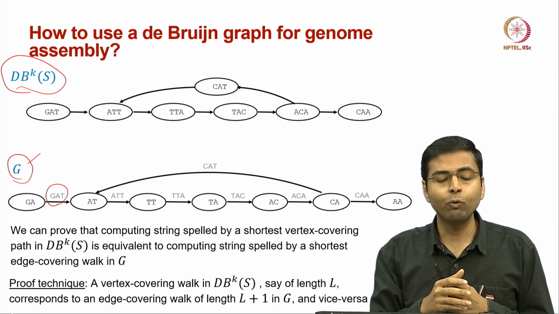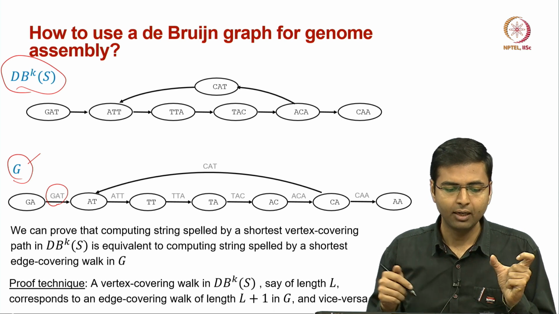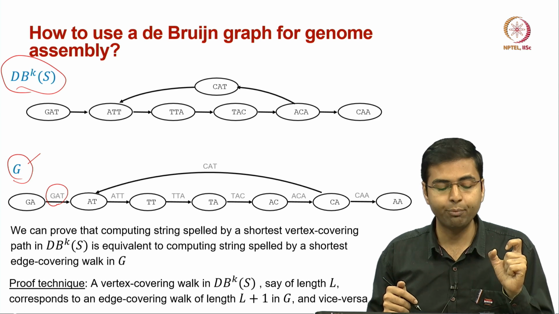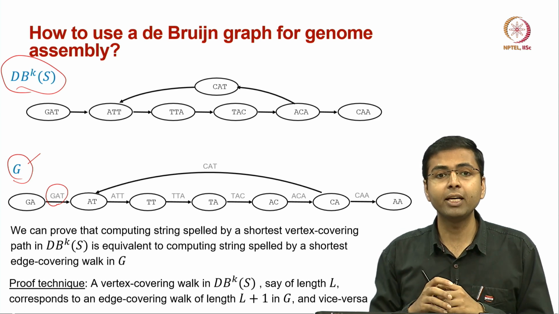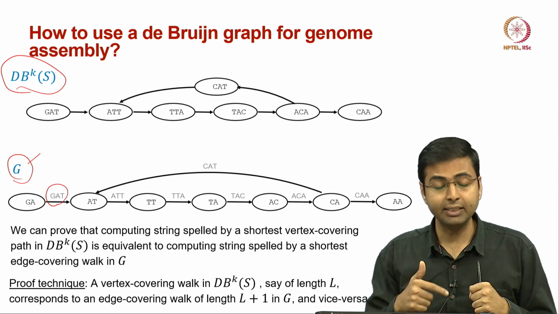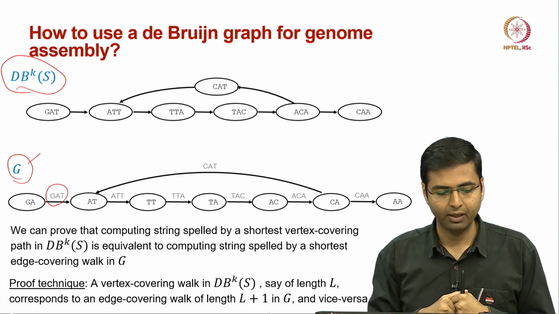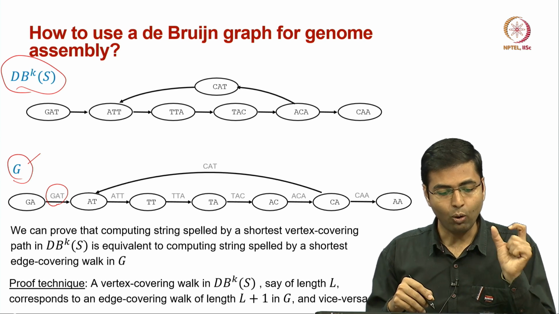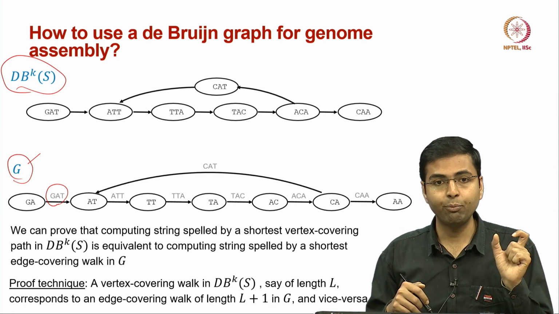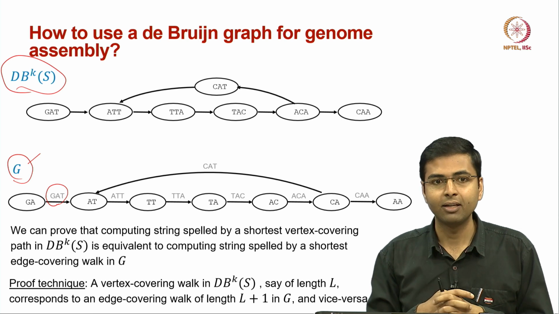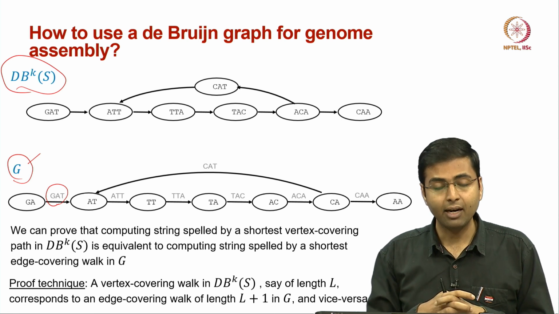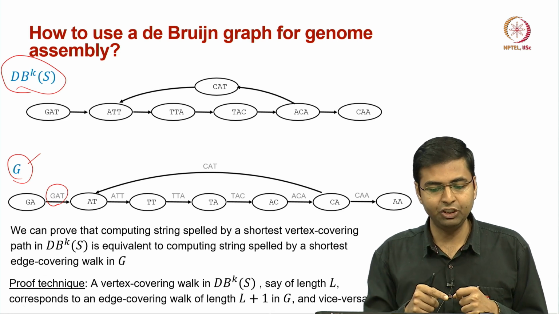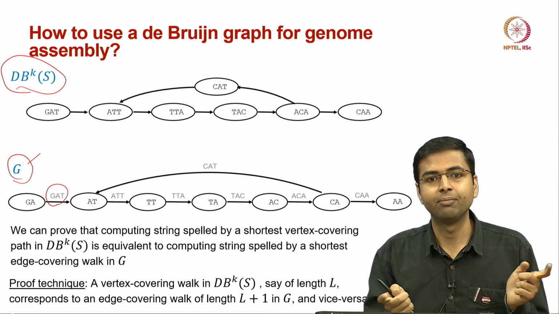Mathematically, we can prove the correctness as follows: we can prove that computing the string spelled by a shortest covering walk in the de Bruijn graph is equivalent to computing the string spelled by a shortest edge covering walk in G. The proof technique is that if you have a vertex covering walk in the de Bruijn graph, say of length L, then you can compute a corresponding edge covering walk of length L plus 1 in G and vice versa.